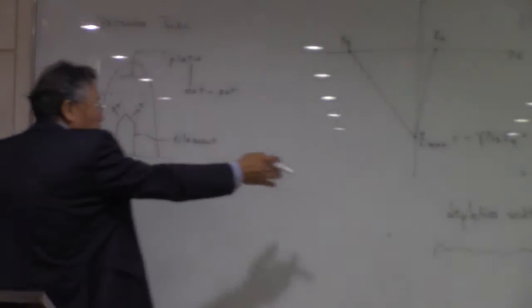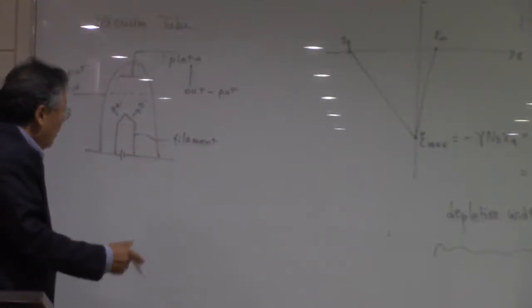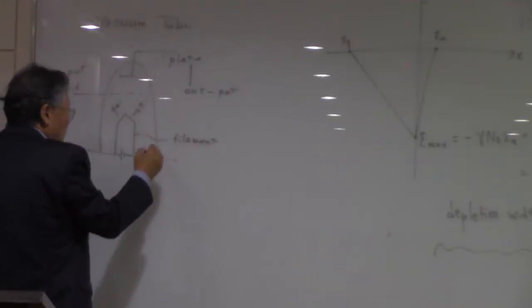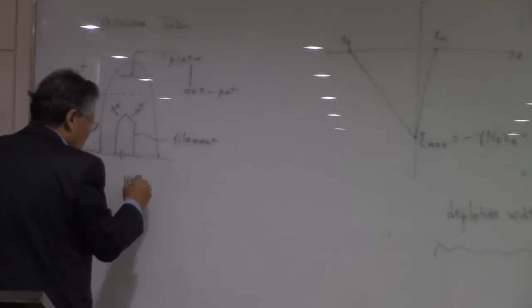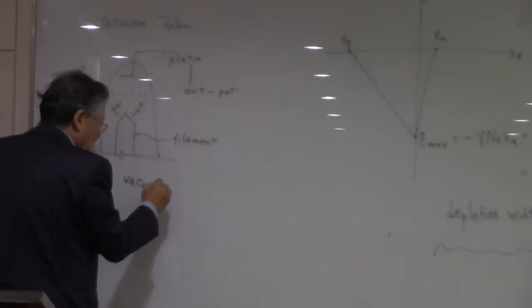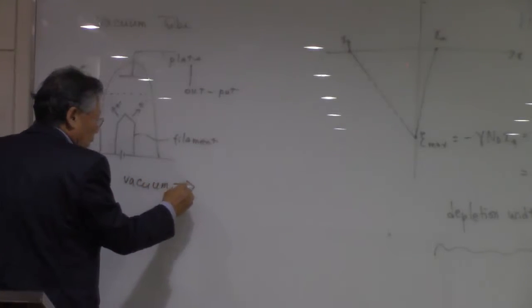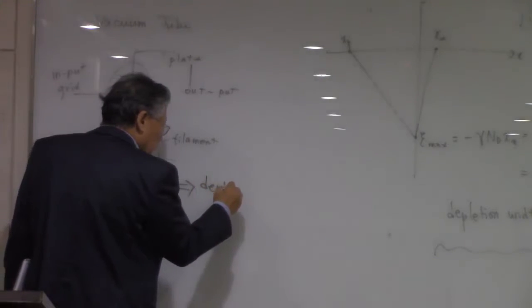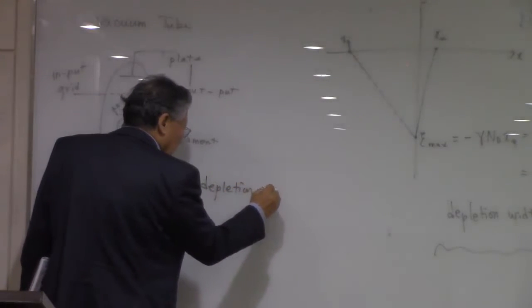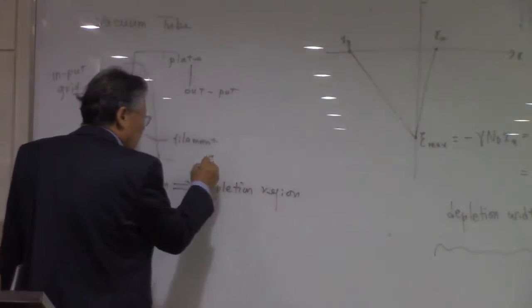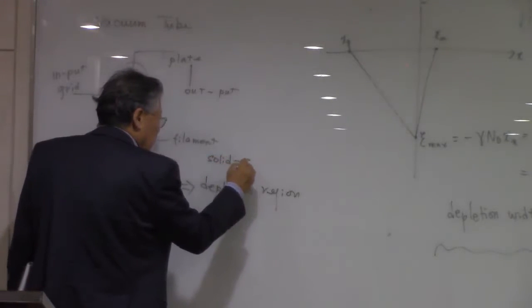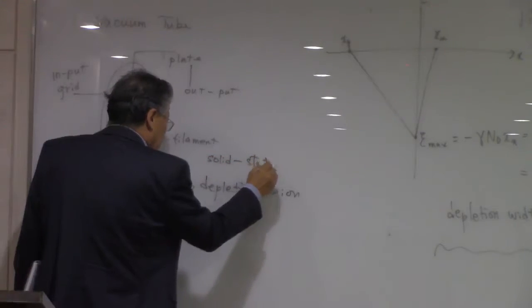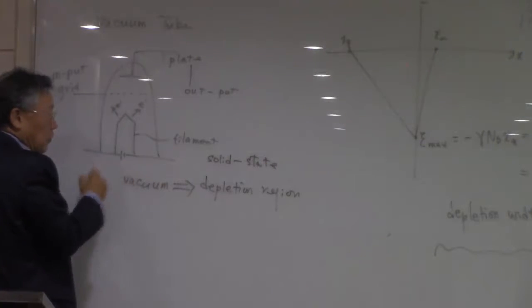Now, if you look into the junctions, this vacuum corresponds to the depletion region in a solid state. Okay, this is a vacuum tube.